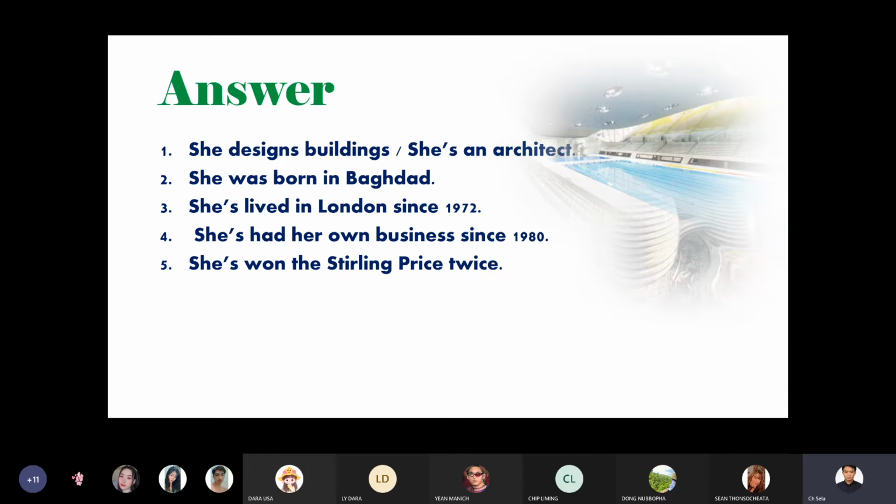Okay, number six. What inspired her transformation design? Hello. Sumerian deserts, which she visited as a teenager. Excellent, very good. Sumerian deserts, which she visited as a teenager.